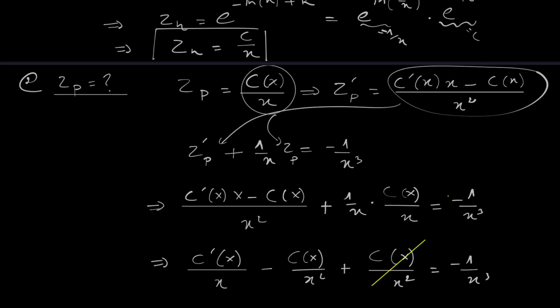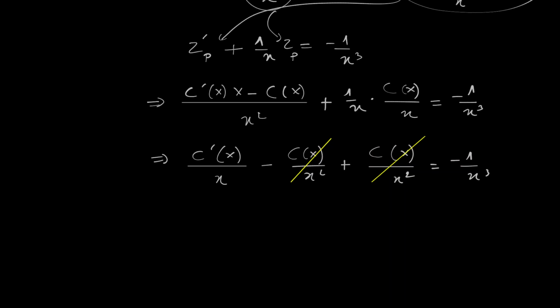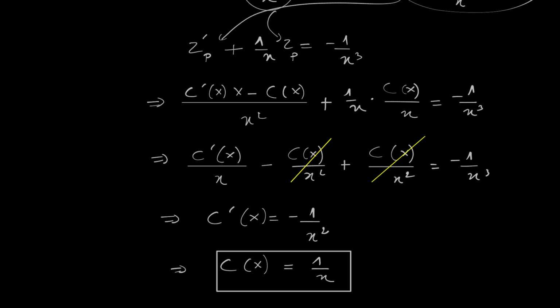We remove this and this. We multiply by x to obtain c prime equals minus 1 over x squared. Then we integrate it to obtain c of x equals 1 over x.